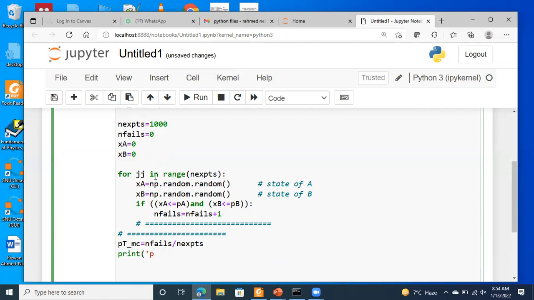So let's write PT MC equal to that. Well, it's a bad programming practice to use a combination of small letters and capital letters in a language which is case sensitive. Sometimes people get used to it, but I think that would be a difficult thing. And what's the value theoretical?